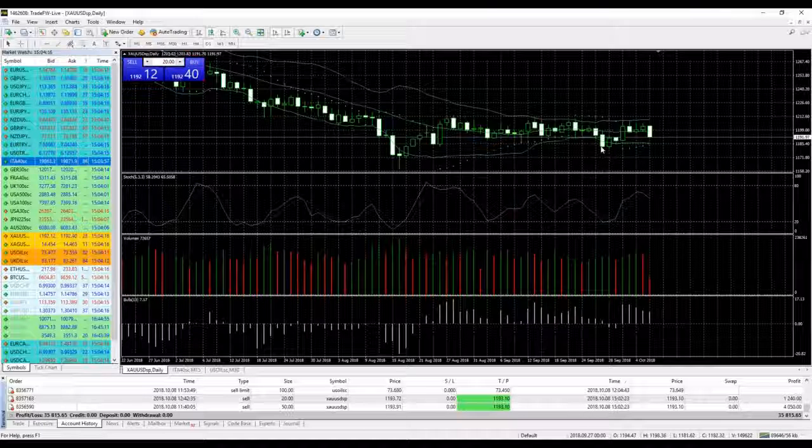Gold is traded at quite a low price. Last week we reached this level, and then we jumped high again, and now it's at a low level again.